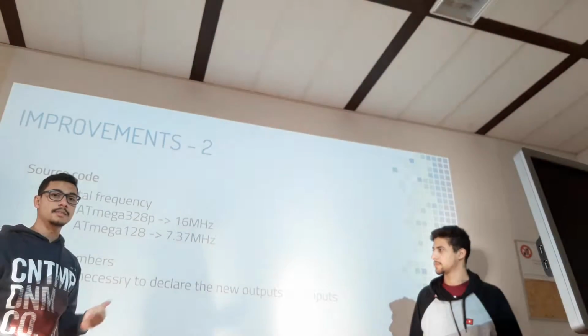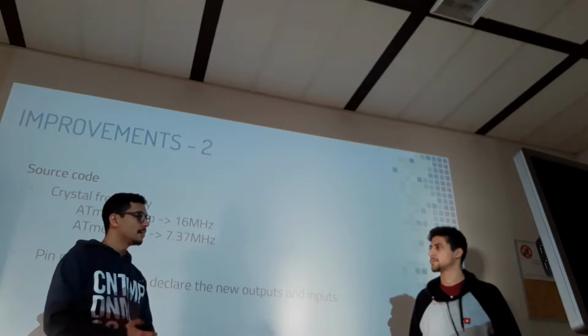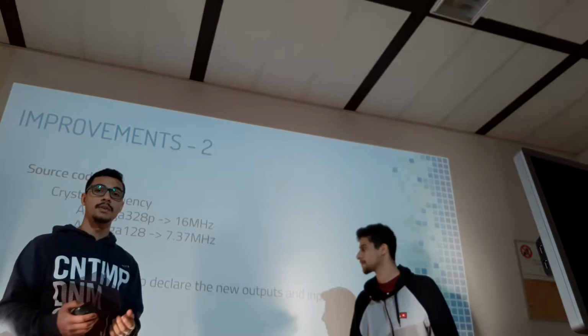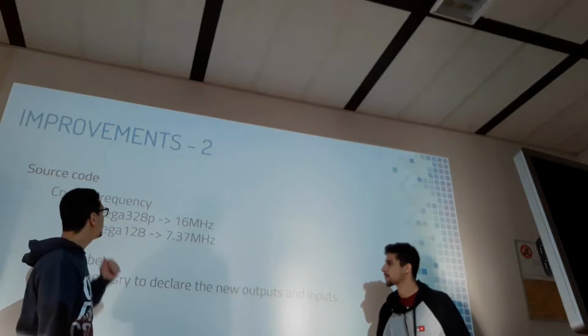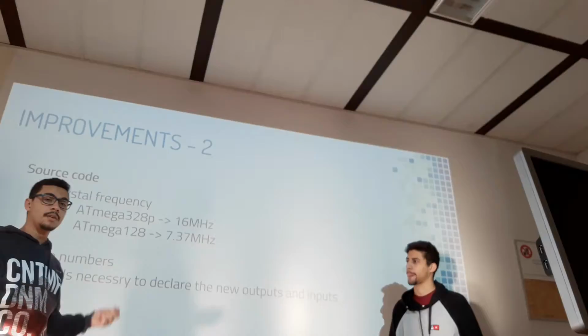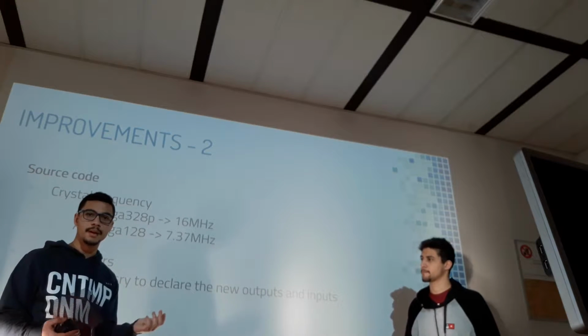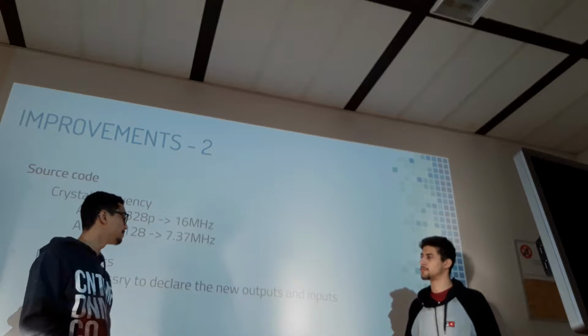For both cases, we may use the so-called Open HR20 source code, and for this, it's necessary to make some improvements. For example, concerning the oscillation of the crystal frequency, which is different depending on the microcontroller that we are using.